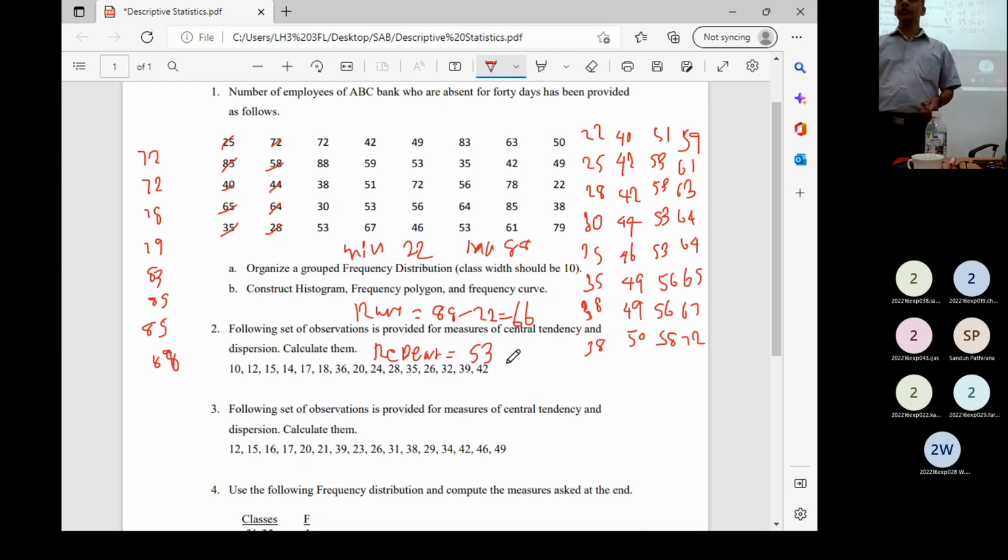If we organize data with frequency, they are called frequency distributions.